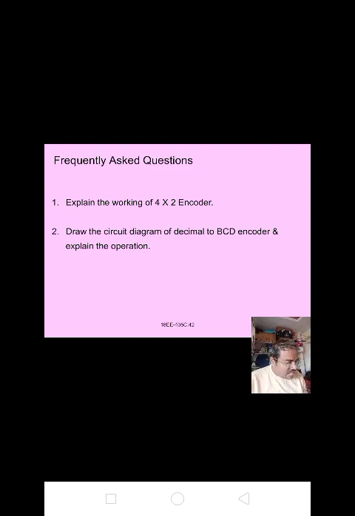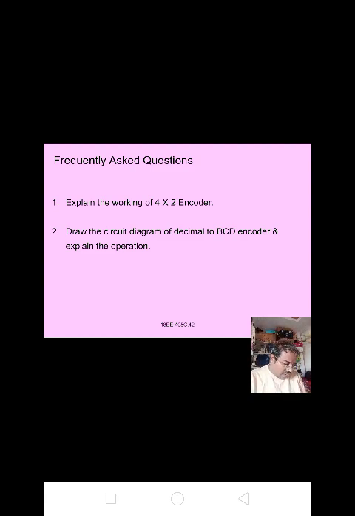This is a basic 10 line to 4 line encoder, or decimal to BCD encoder, or 10 into 4 encoder, 10 to 4 encoder.